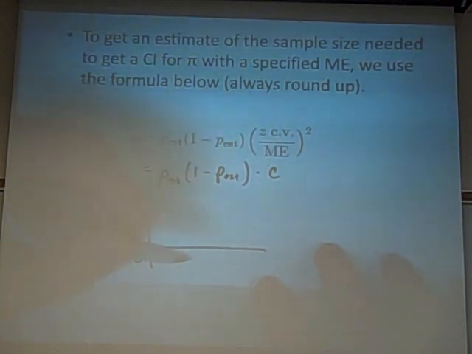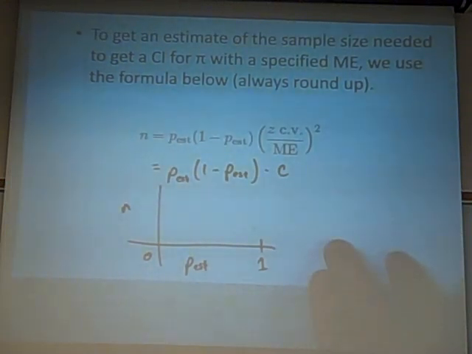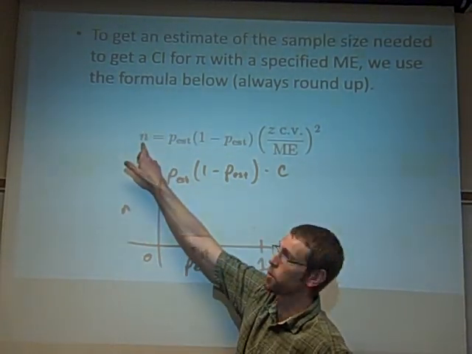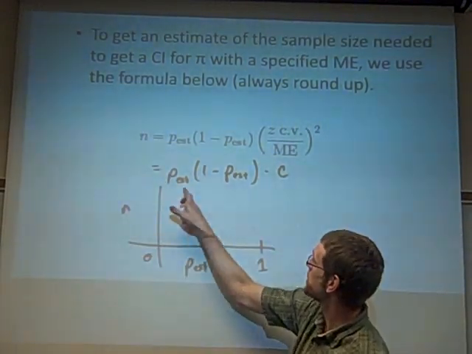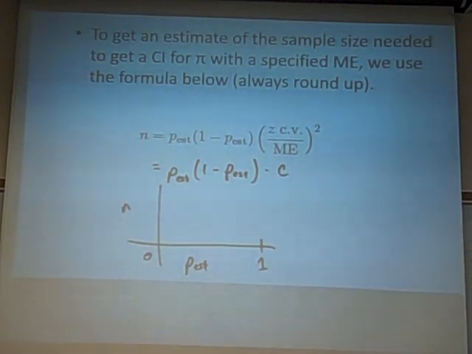So here's 0, and here's 1. This is the p sub est axis, and here's the n axis, if you will. Because if you think back to algebra, n is playing the role of y, and p sub est is playing the role of x. So we've got a parabola. There's a lot of different ways to graph a parabola.